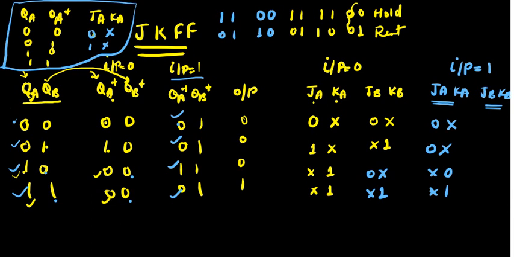So cross 1. Similarly, when input is 1, what type of value of JB will give you this excitation? 0 to 0, 0 to 1, 1 cross. It's always good to write a complete excitation table. It will make the job easier.